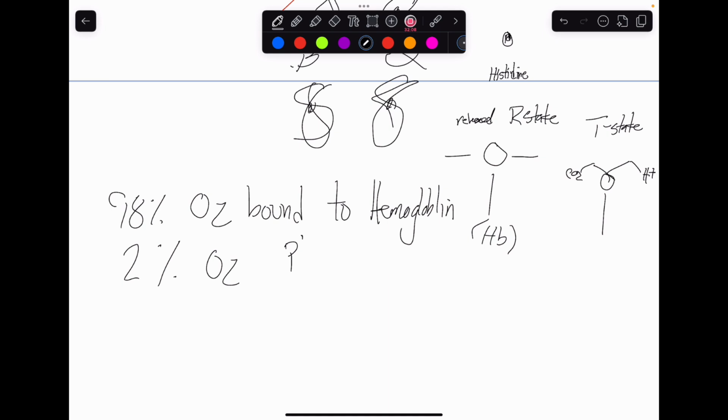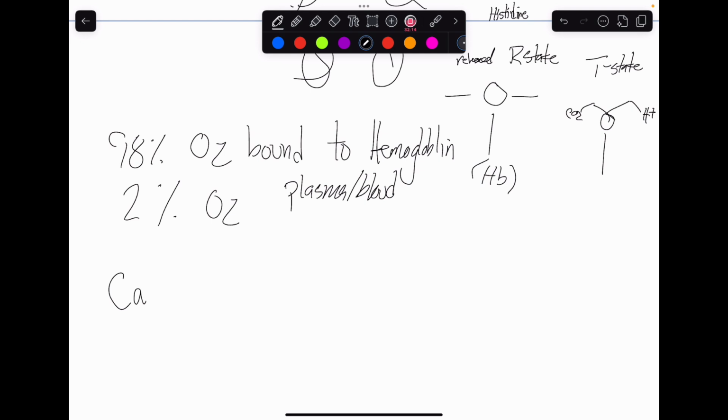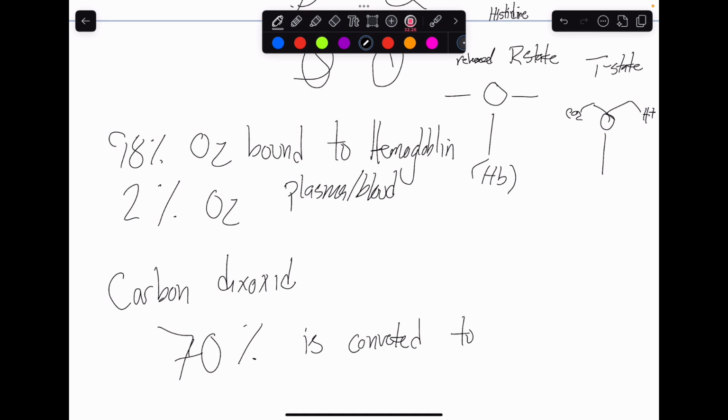Then with our carbon dioxide, it's a little more unique. 70% is converted to bicarb via carbonic anhydrase. Super important enzyme. We love it.